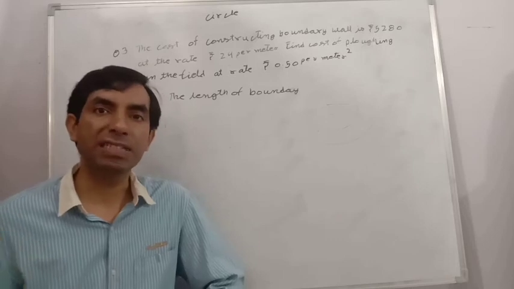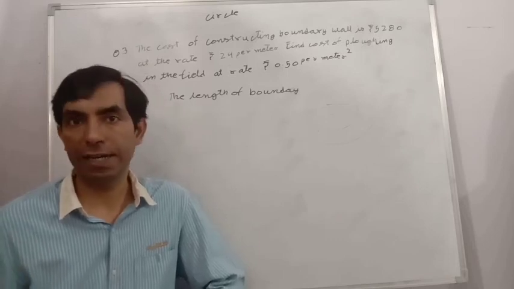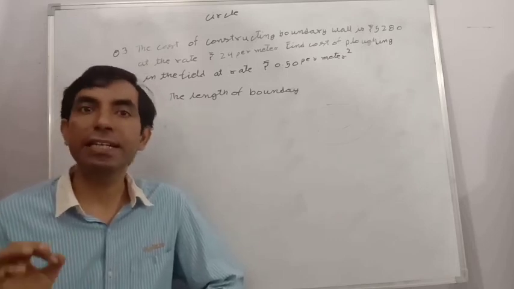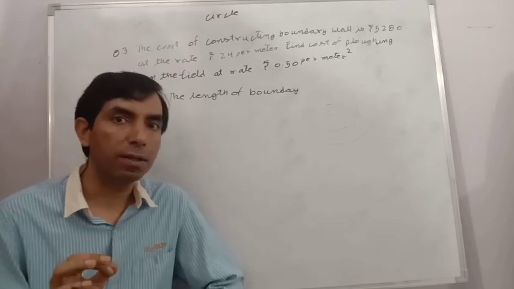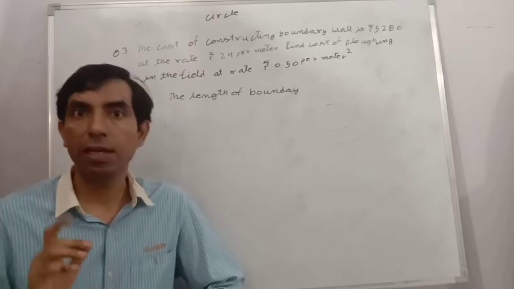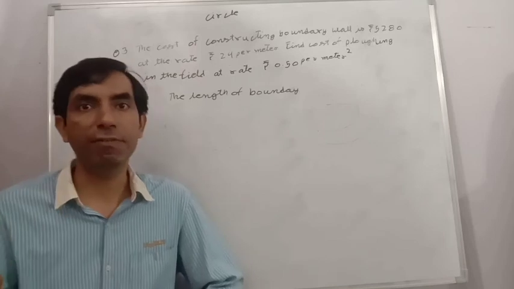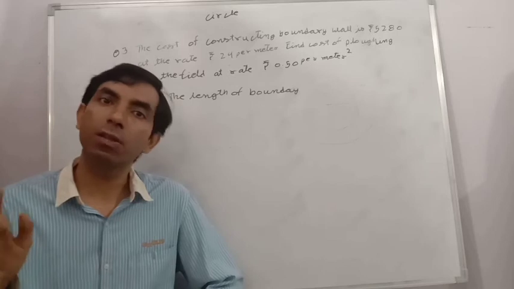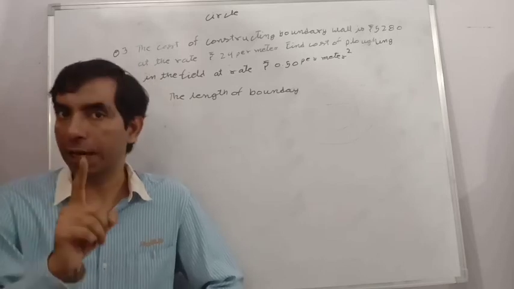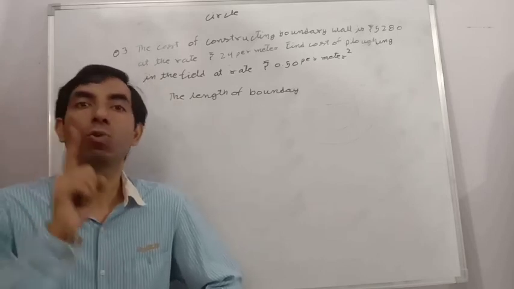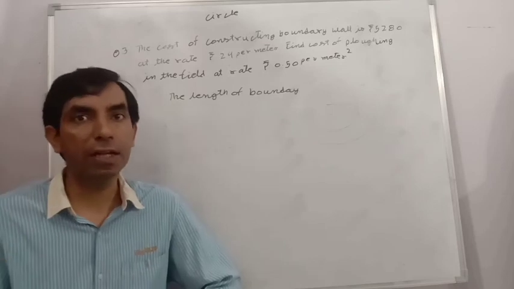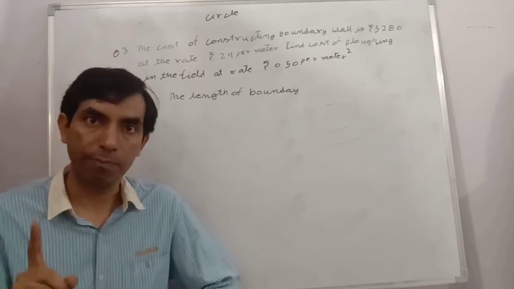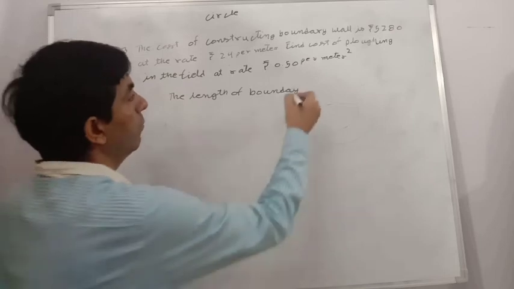In mathematics, we have already learned the basic thing that if we are given each one and the total, then we always divide. If we are given the total and want to find each one, then also divide, only one time. If we want to find the total and each one is given, then we multiply, only one time. So here we divide the values.